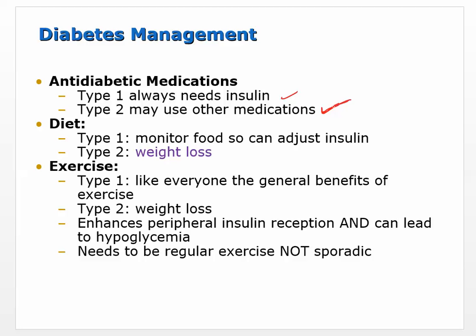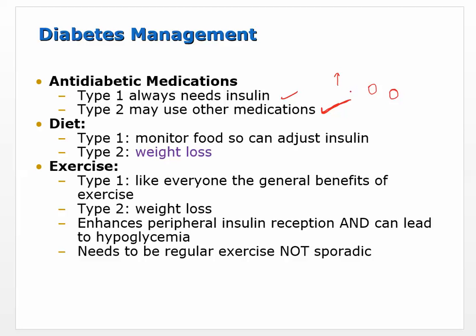So there are medications available, and most of these medications will have their effects on the adipose tissue and the hepatic tissue, and it's trying to either stop gluconeogenesis, or maybe increase the movement of glucose into these cells. In some cases, it might be trying to increase the amount of insulin that your beta cells are producing.